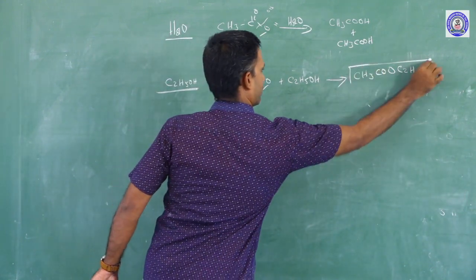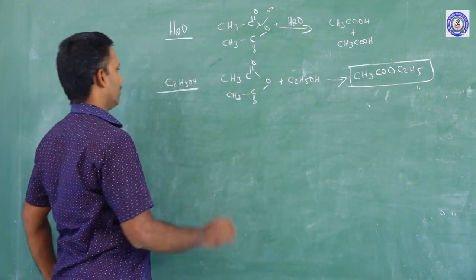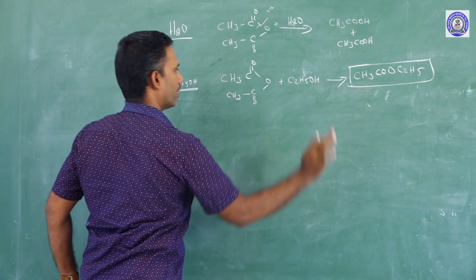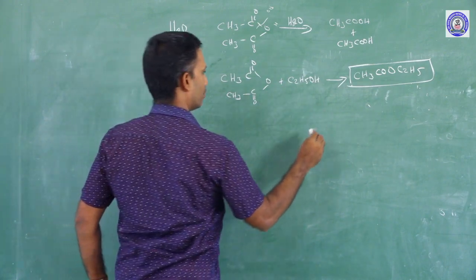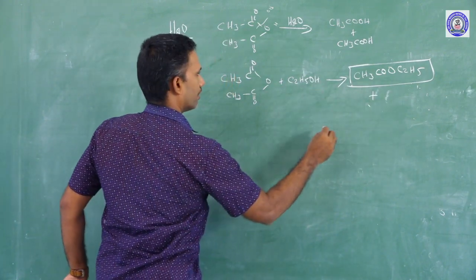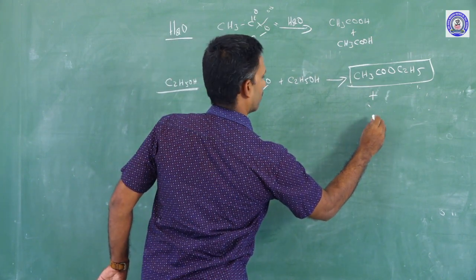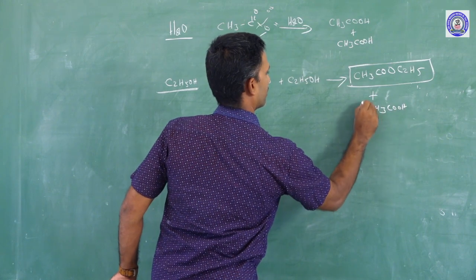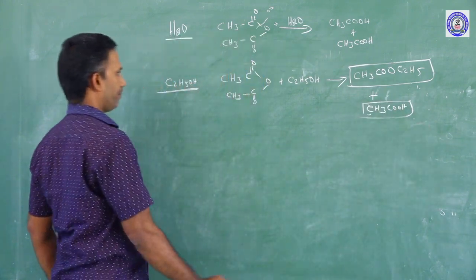This is ester. So acid anhydride treated with alcohol gives ester, and the remaining product, CH3 COOH, the acid, is the secondary product.